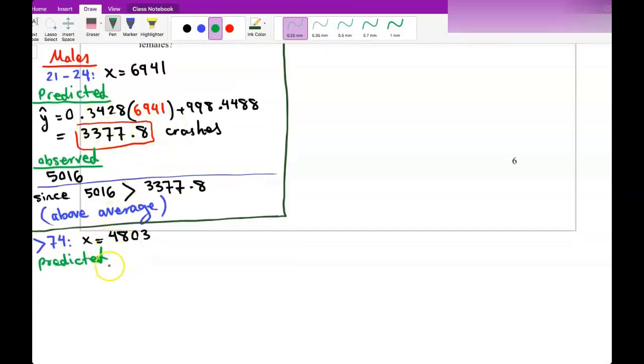Exactly the same as that part, finding predicted: now instead of x we have this number.